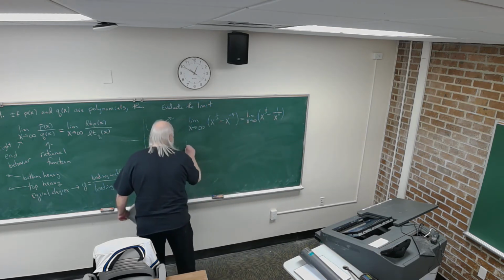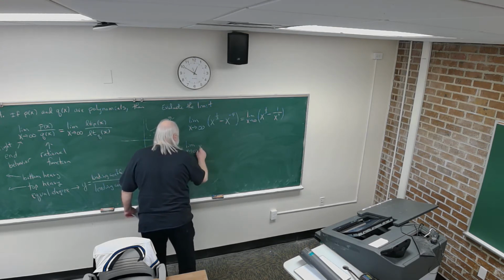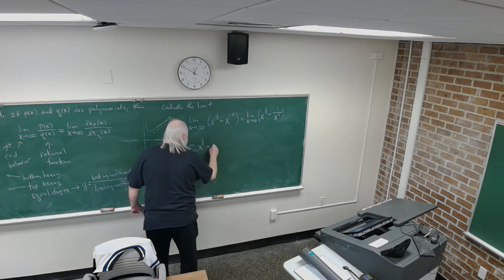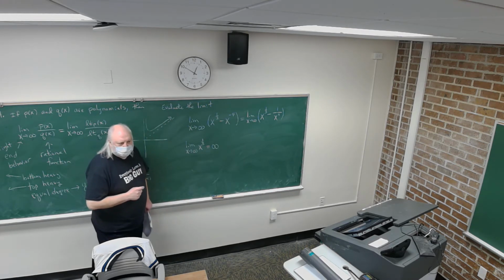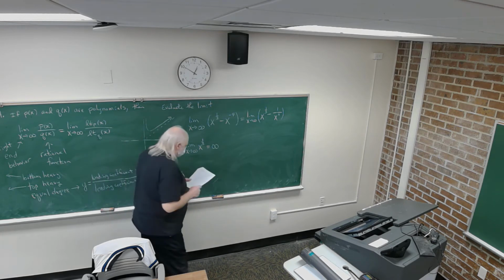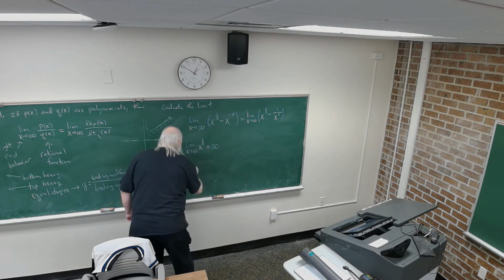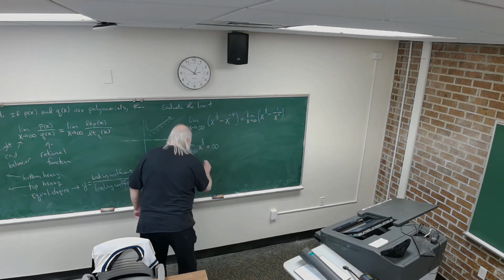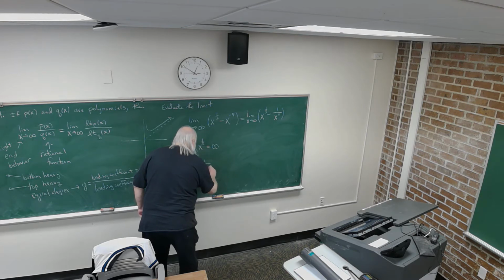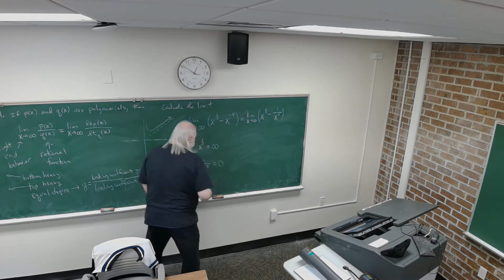Just to put this in limit notation, as x increases without bound, x to the 1/3 is increasing without bound. And as x increases without bound, we have 1 over x to the 4th going to 0.